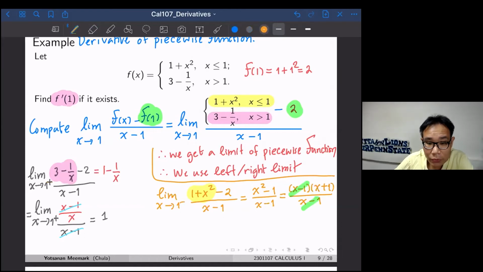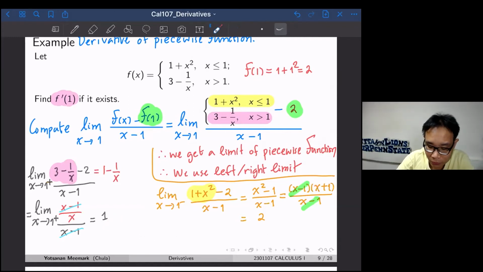Okay. So you have the limit of the left side equal to 2. Okay. So it's going to be x plus 1. So you see that you have the limit from the right equal to 1. Limit from the right, sorry, limit from the left equal to 2, limit from the right equal to 1.